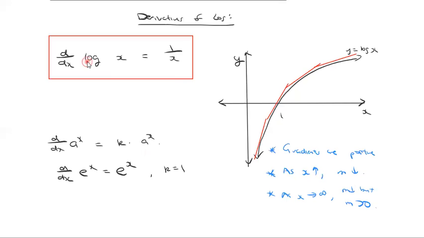Now, when we do logs, a very similar thing happens. I'll draw one out quickly. For different bases, you understand there's different steepness, so clearly the gradients aren't equal depending on the base.